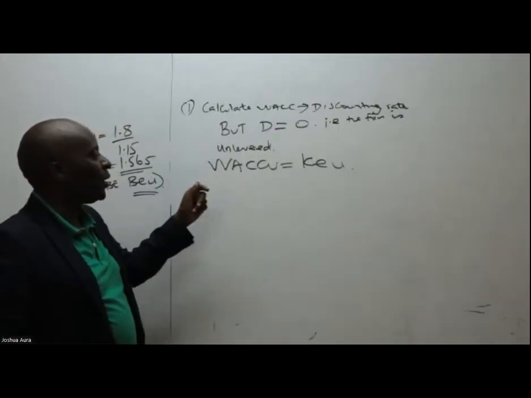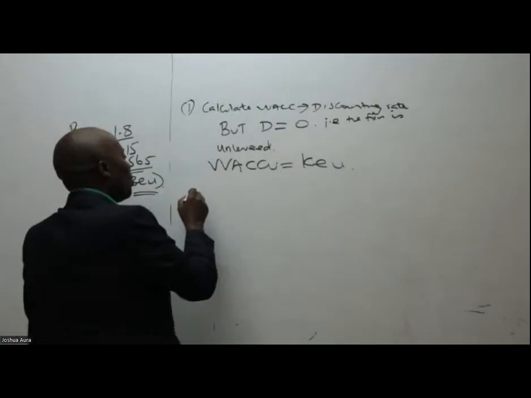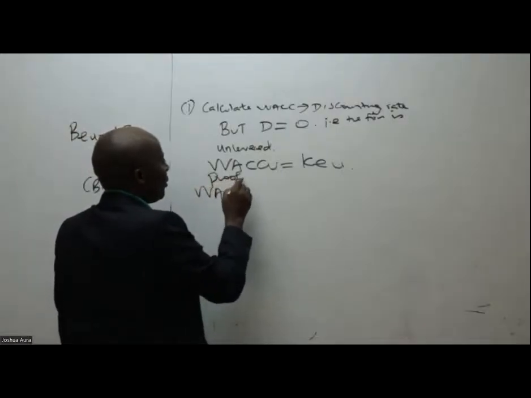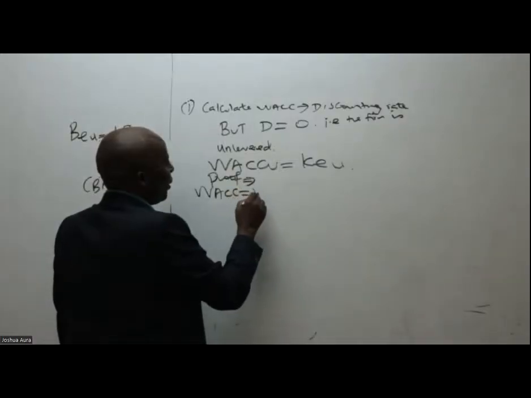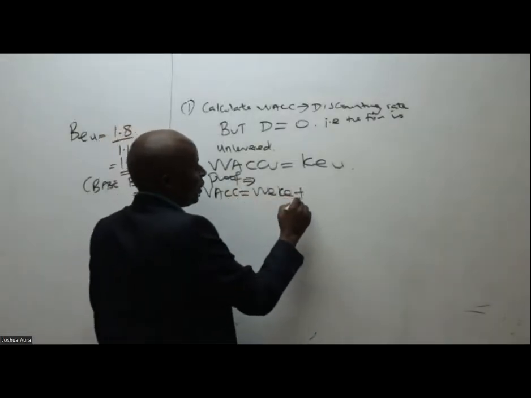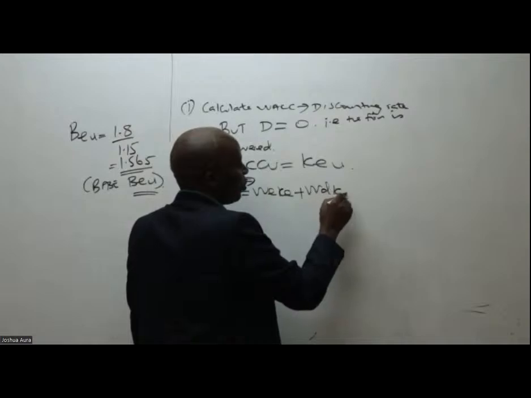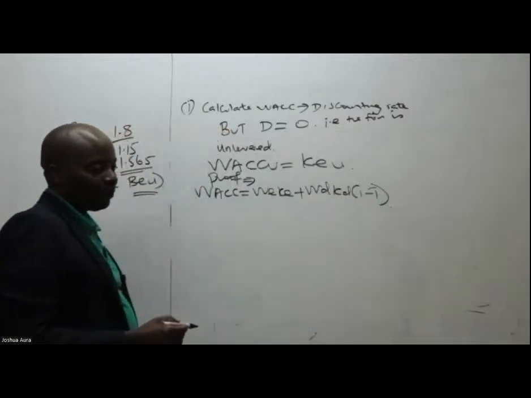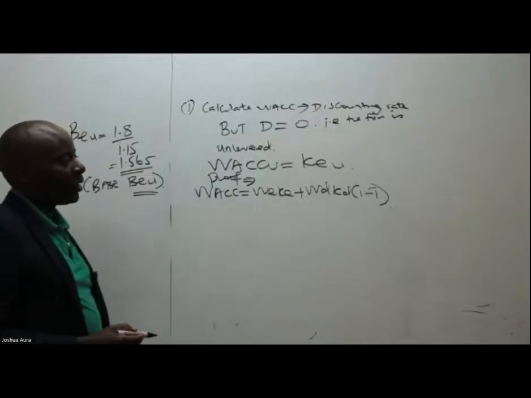And we can prove this. To get WACC, we take weight of equity times cost of equity, plus weight of debt times cost of debt, times 1 minus tax.